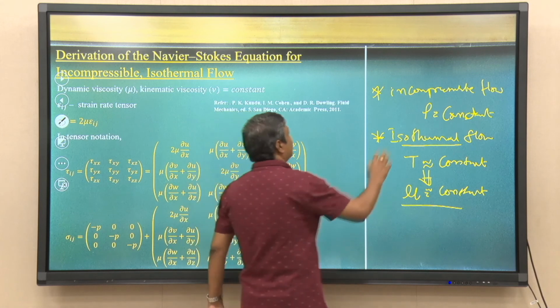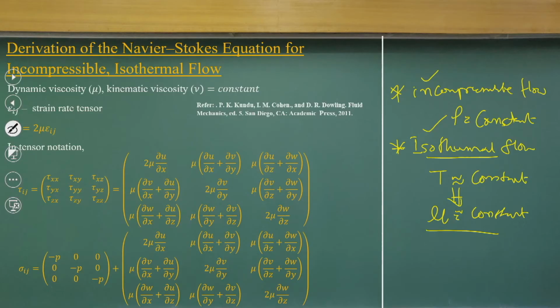If I have these two assumptions, this is a great simplification of fluid flow problems. There is a very detailed, higher level book of fluid mechanics by Kundu, Cohen and Dowling. If you go to it, they have established the stress as a function of 2 times mu times the strain rate tensor.